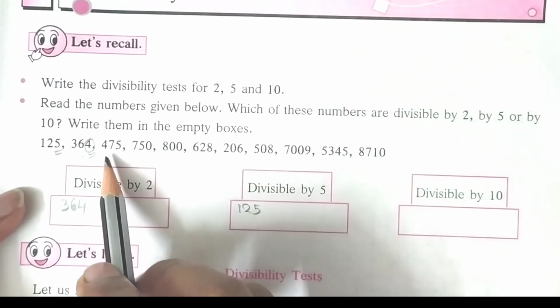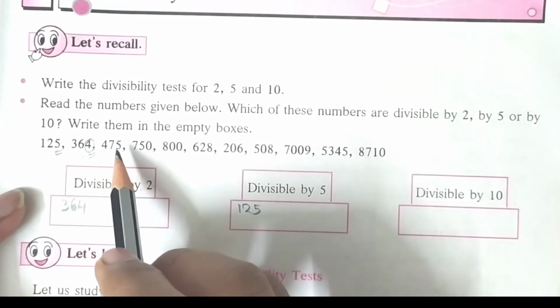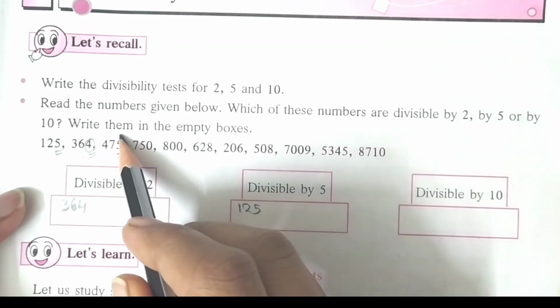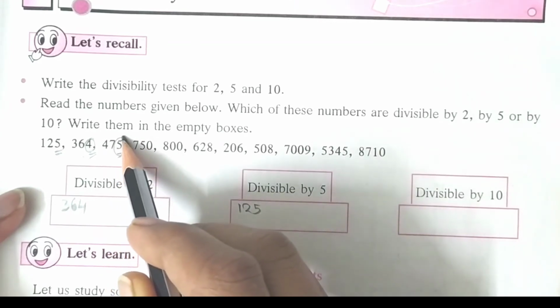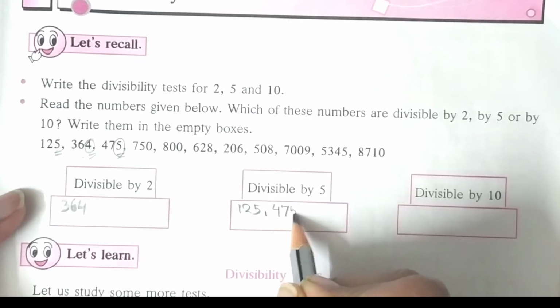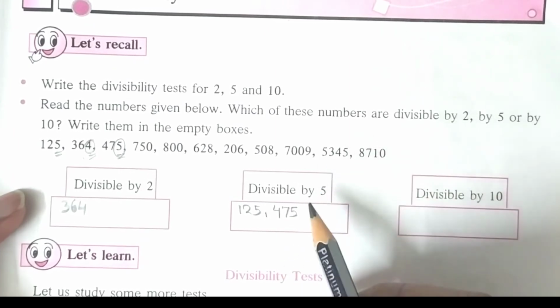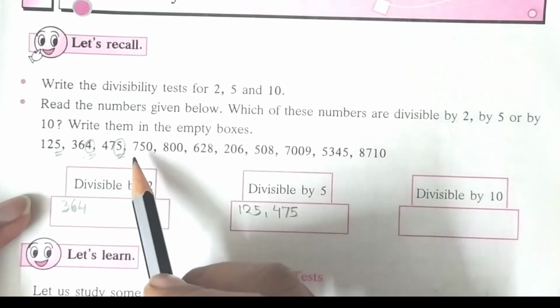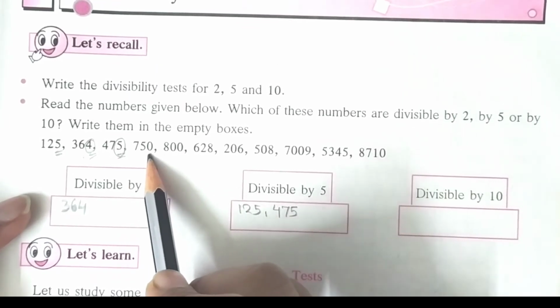Now the next number is 475. In the unit place of 475, the digit is 5 and it is divisible by 5. So just write here 475 in divisible by 5's table. Now look here, 750.